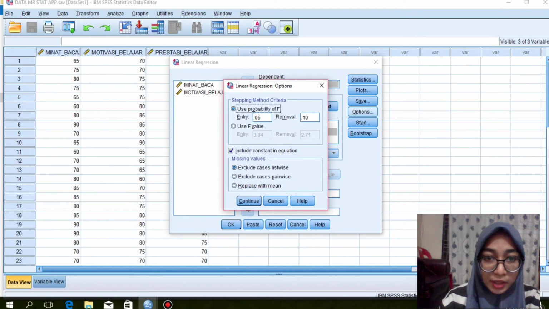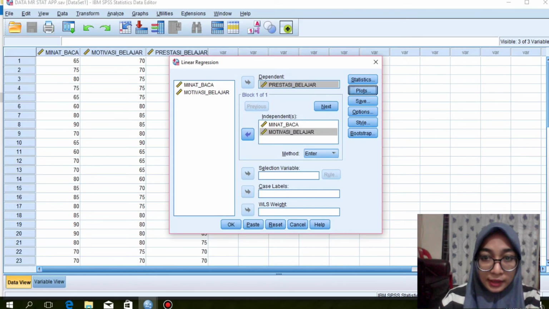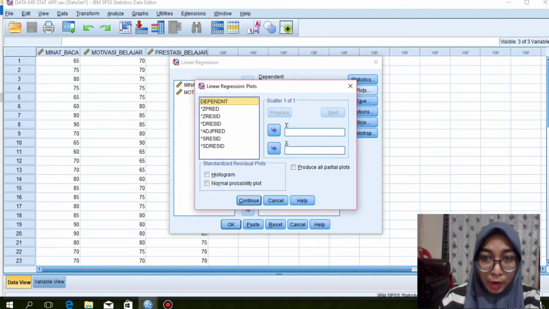Use probability of F entry 0.05, and for the missing values, click exclude cases listwise. Click continue, and the last step for plots, click plots.